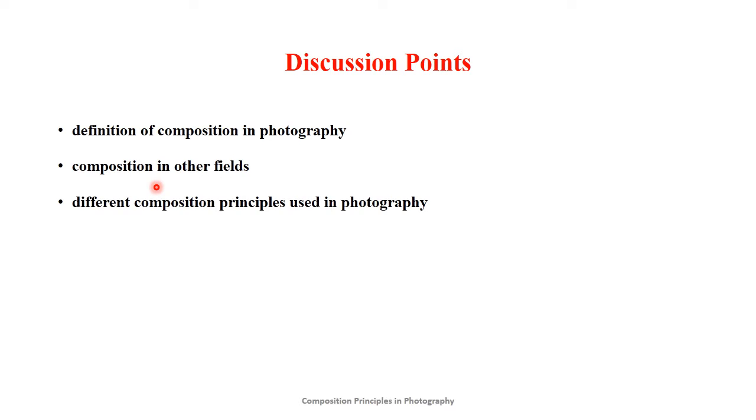So other fields would be explained in a very brief manner, and then finally we are going to discuss some of the composition principles used in photography. So these are some of the discussion points that we are going to discuss in today's session, and these are our learning objectives as well. Our students must be able to understand all these 3 points after attending today's session.